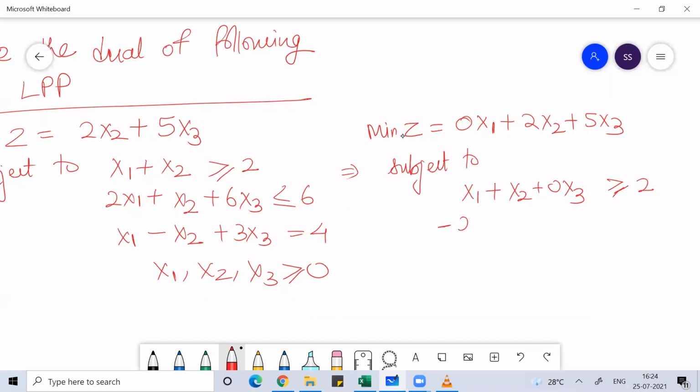Then you can write this as minus 2x1 minus x2 minus 6x3, greater than or equal to minus 6. Then only it is in canonical form.